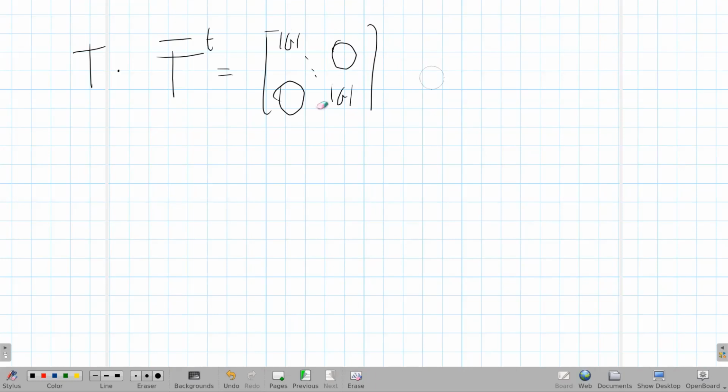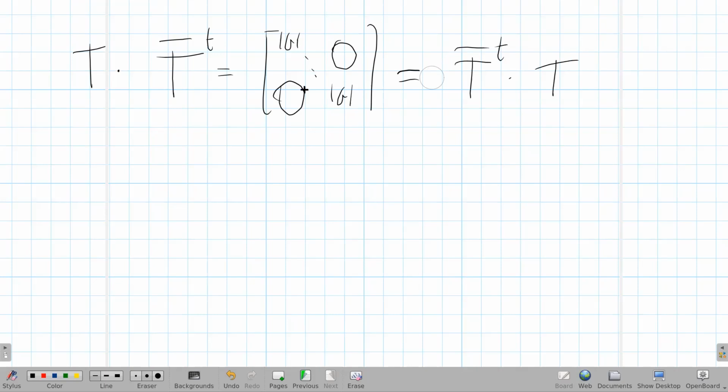Because this is a scalar matrix. So when you conjugate by T, say, you exchange the factors, but this stays the same. You could also do this in terms of inverses.